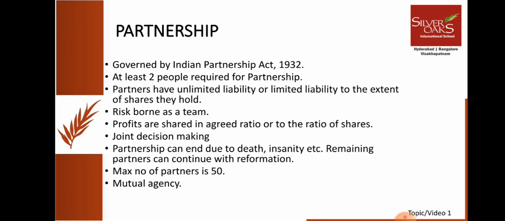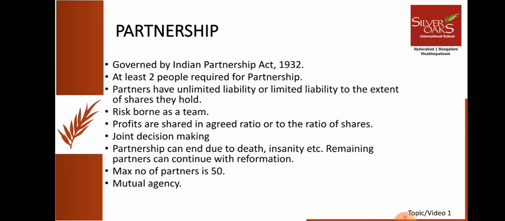So then comes mutual agency relationship. It's a very easy feature related to partnership firms, that is mutual agency. Mutual agency means one partner can act as an agent for the other partners in the firm. Say, for example, one partner is going to Delhi for obtaining a business contract.